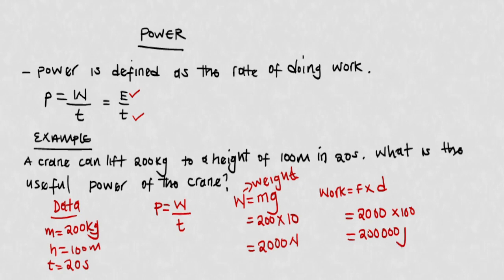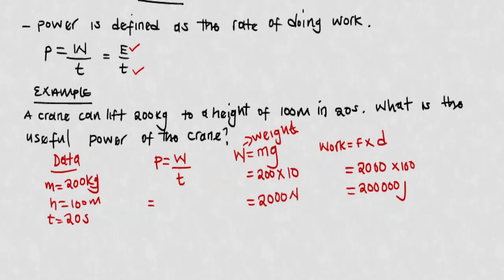Now that we have found the work, we can finally go back to find the power. So we said power is equal to work done over the time taken. Here the work done is 20,000 joules, then the time taken is 20 seconds.